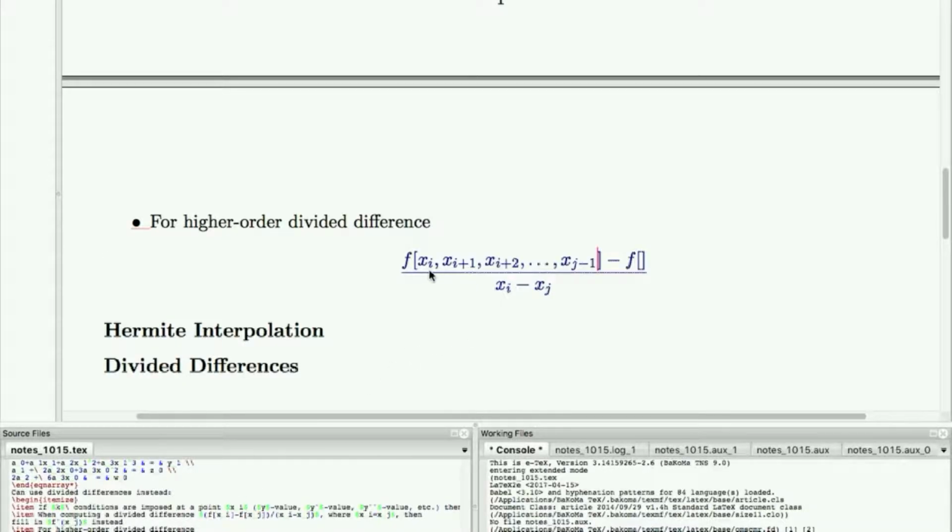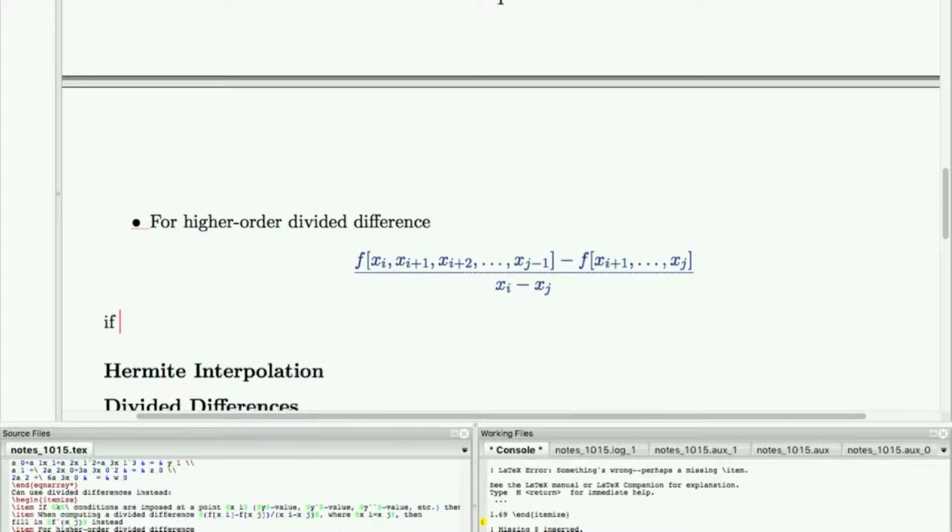So it's all the x values starting from xi, going up to xj, but not including it. And then in the other divided difference, we start at xi plus 1, all the way up to xj. So this is a typical higher order divided difference.